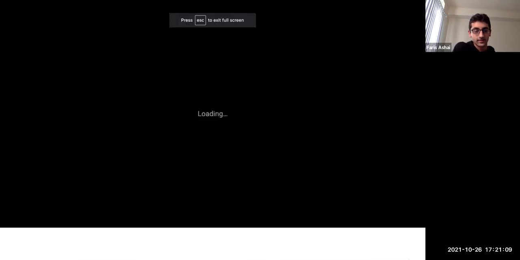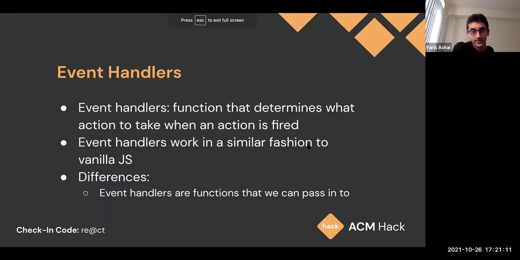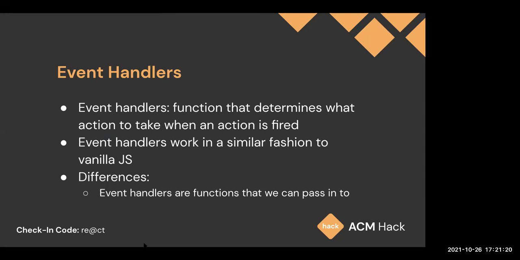So the next thing we're going to cover is event handlers. Essentially, event handlers are functions that determine what actions to take when an event is fired off. Some examples of events would be a button click or scrolling in a certain area.